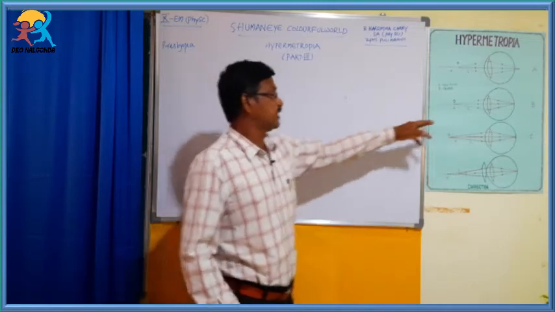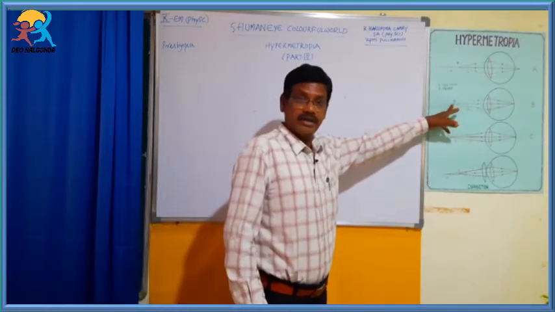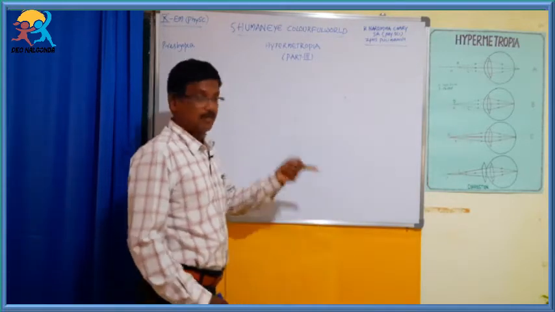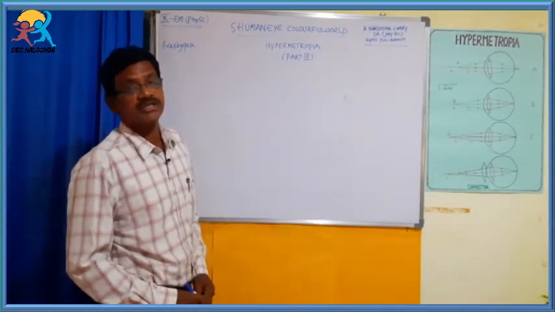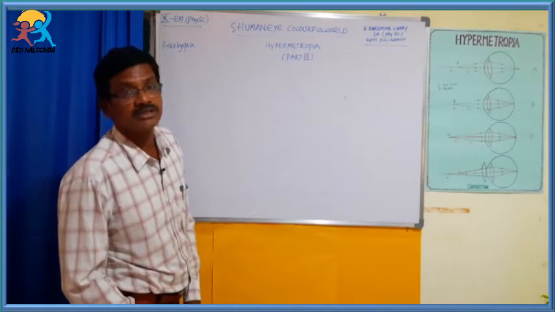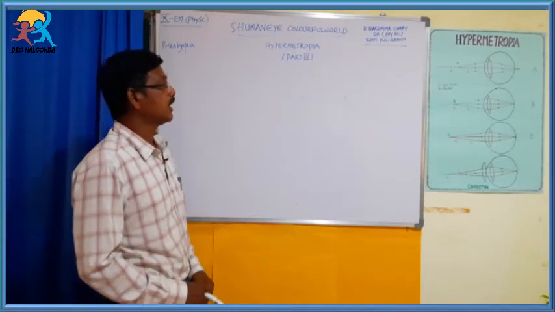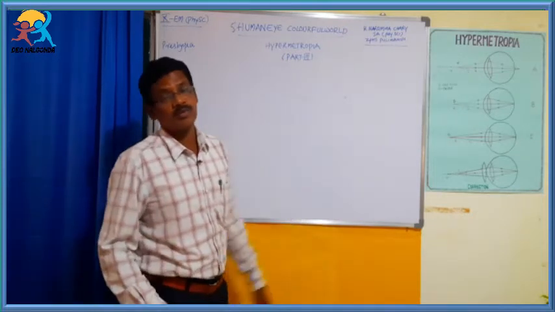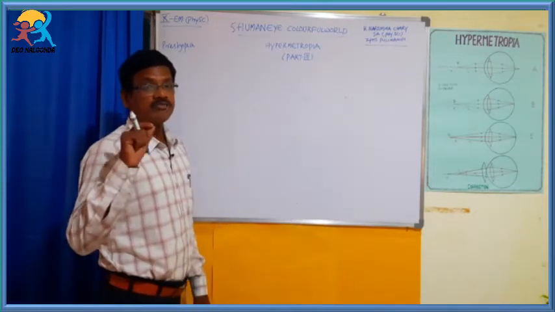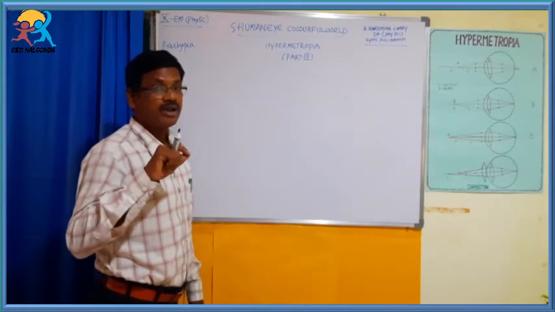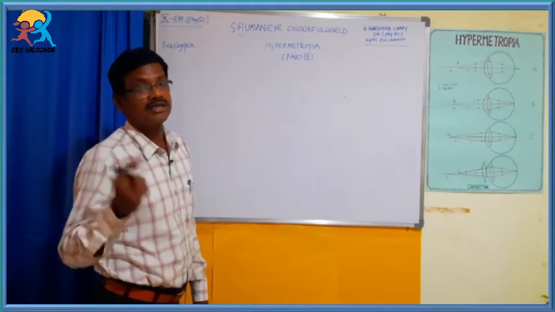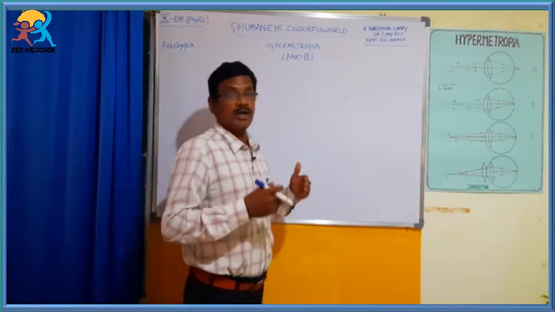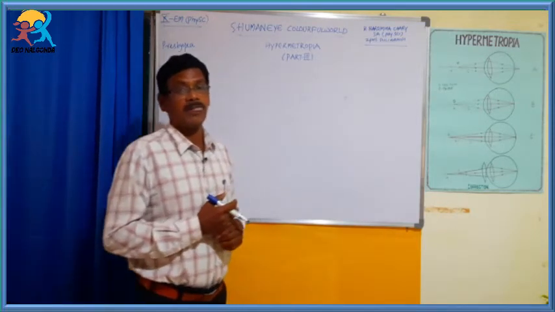So when the object is at the near point, we call this point the near point. At the near point or beyond the near point, we can see the image of the object on the retina. Now, as we understand, for people suffering from hypermetropia, when the object is kept between the near point and the least distance of distinct vision L, it is not seen, or the image is not formed on the retina.